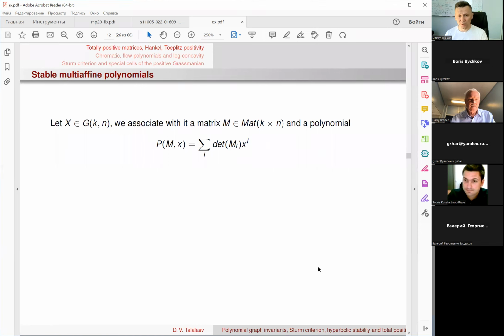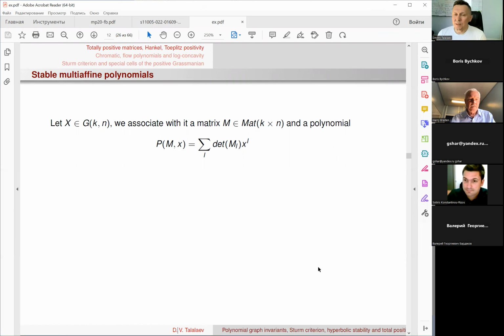We associate with such an object just a matrix K by n, and calculate the kth minors of this matrix. So big I here is just the subset of indices of, for example, columns, and this subset contains k columns.